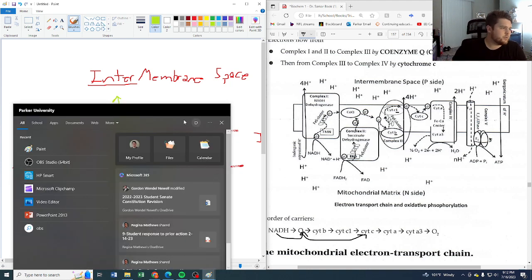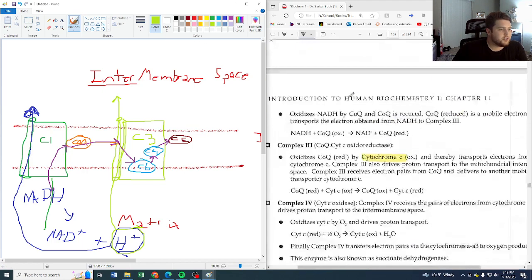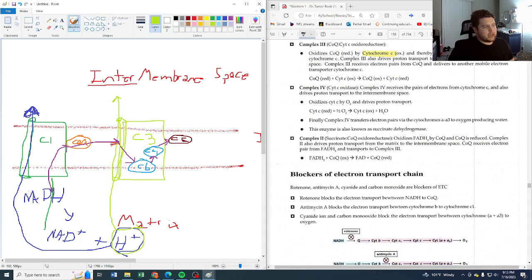But we're going to do a quick pause because we jumped straight from 1 to 3. What about complex 2? Remember we talked about NADH here, but we have something else that we made besides NADH.